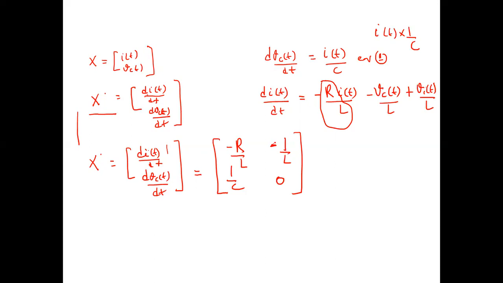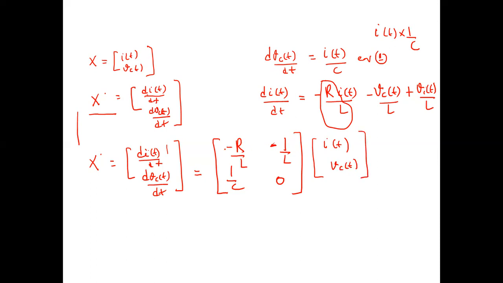So with this term will go minus 1 by L. Then in the second equation you have the 1 by C term, and this variable was attached with i(t), so you have to write i(t). So minus R by L into i(t), and then the second term is Vc(t), right?